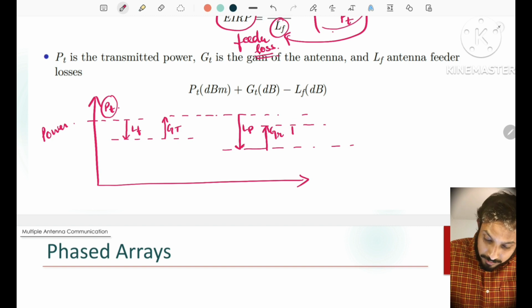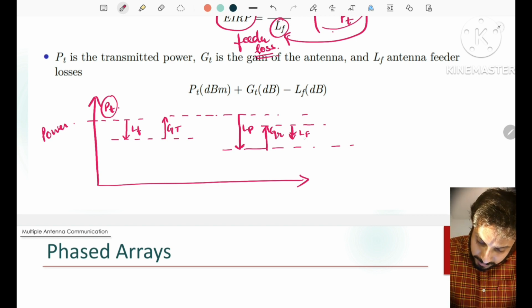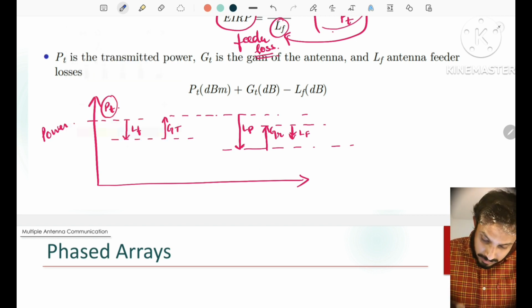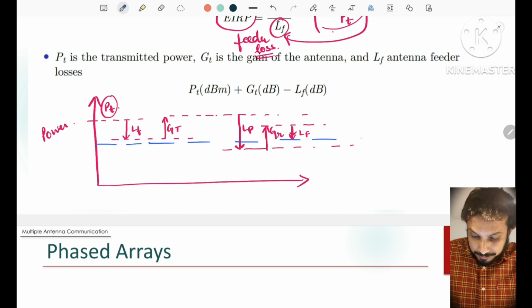And then we have feeder losses, LF again. So what is finally received is at this level.